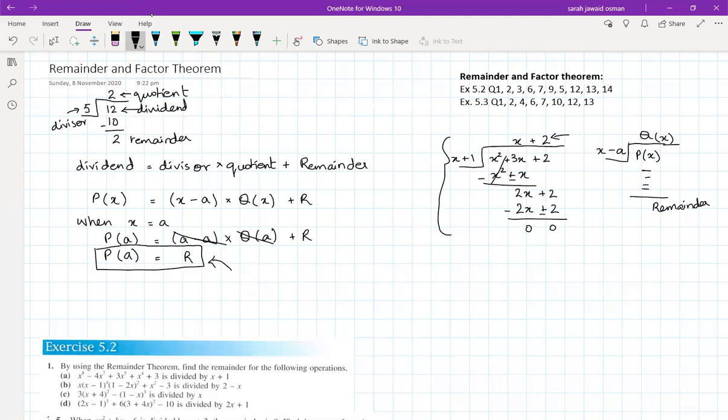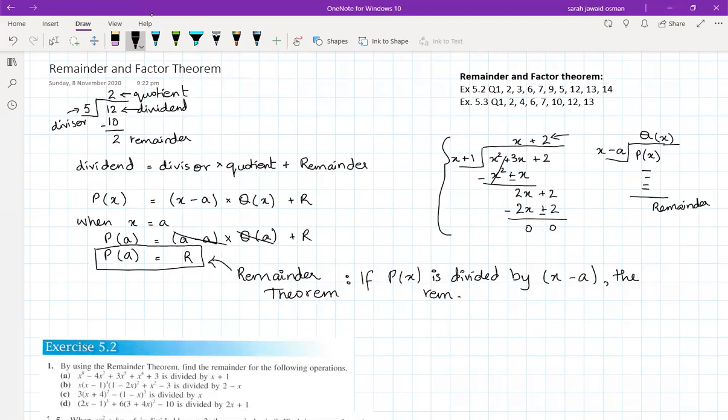Please repeat after me. The remainder theorem states that if a polynomial is divided by x minus a, then the remainder r is equal to p of a.